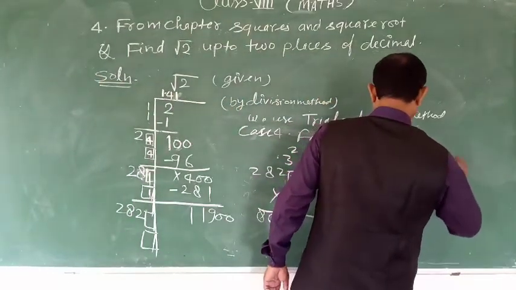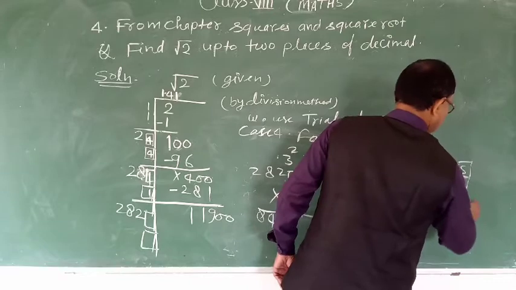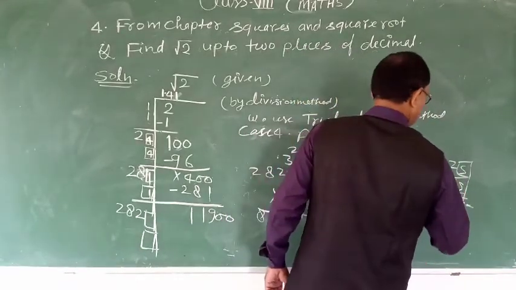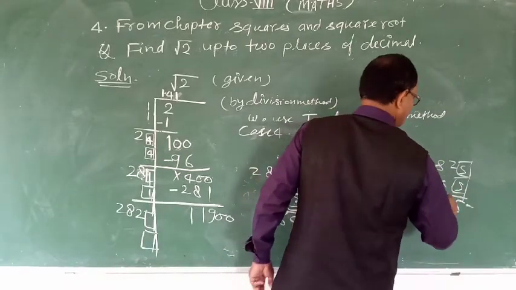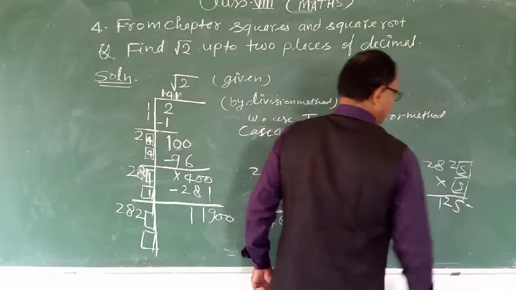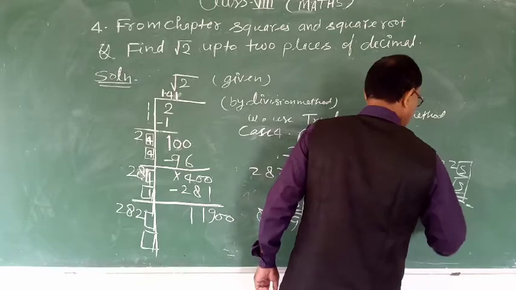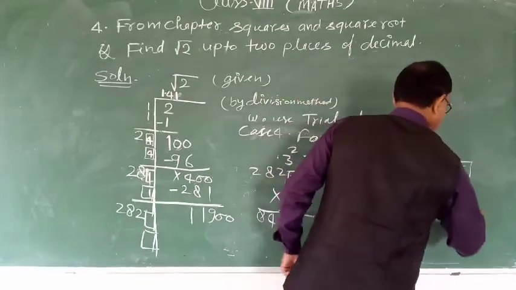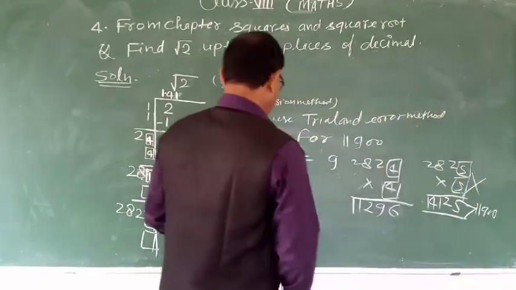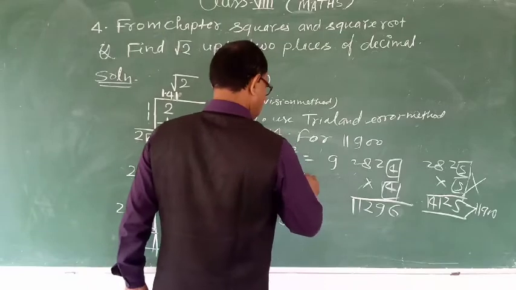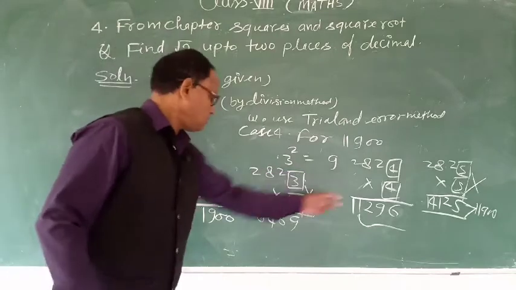After this, 2 8 2 make box 5, 5 5s are 25, 5 2s are 10, 10 2 12, 5 8s are 40, 41, carry 4, 5 2s are 10, 10 4 14, which is greater than 11900, which is wrong. And this is also not suitable, and this is suitable. This is suitable for this solution.